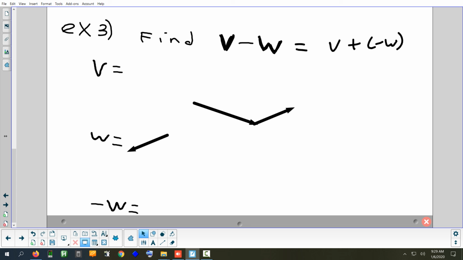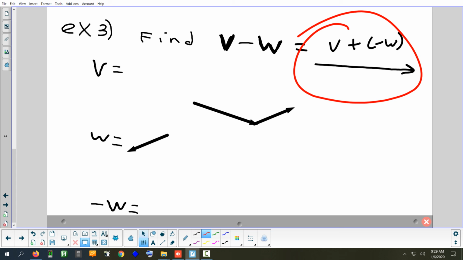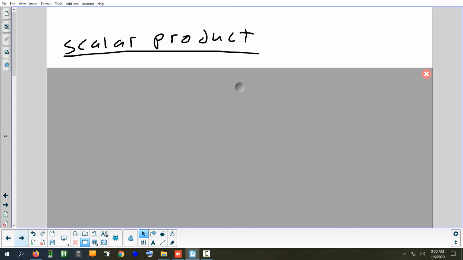V plus negative W. And there's your answer. That's V minus W right there. Questions on that? So subtraction is pretty straightforward as long as you know addition.